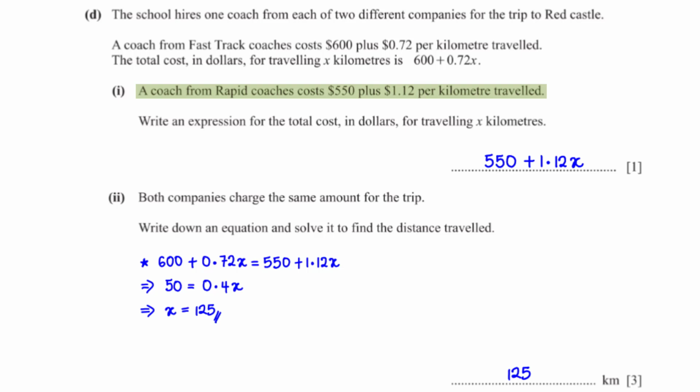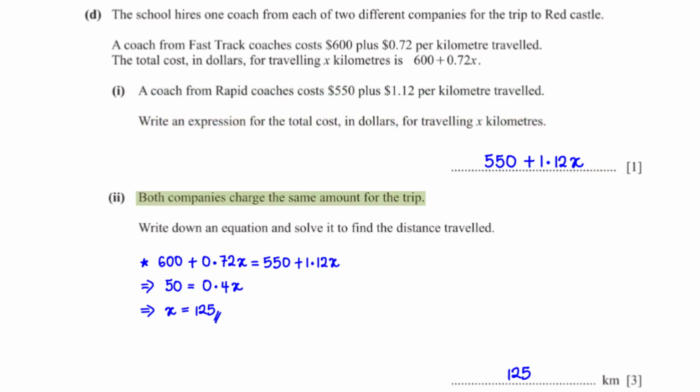A coach from Rapid Coaches costs $550 plus $1.12 per kilometer traveled. Write an expression for the total cost in dollars for traveling x kilometers. The total cost in this case would be 550 plus 1.12x.